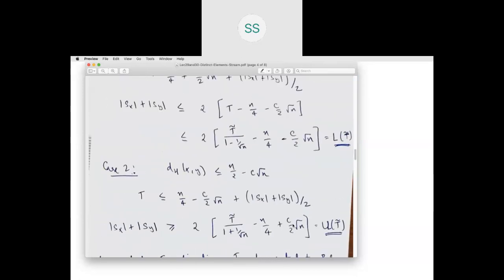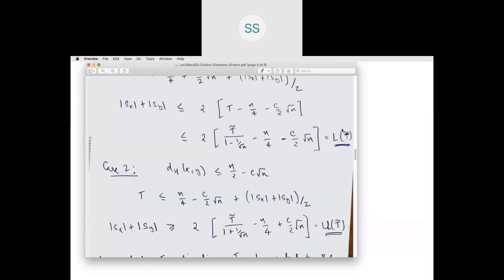Now, for Bob to be able to make these judgments, it would be essential that we don't want both of these things to be satisfied, right? So as of now, we don't know what L of t tilde and U of t tilde are.